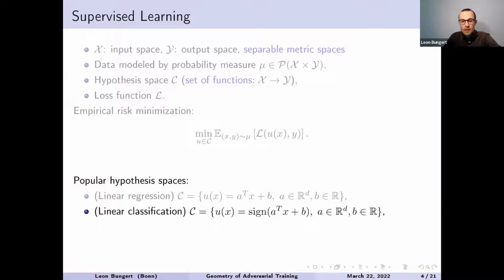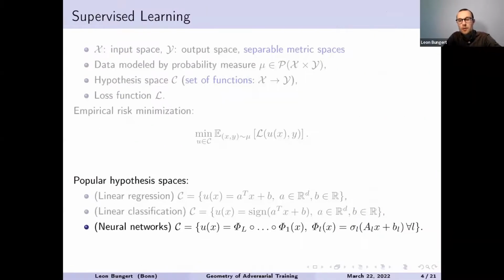Here, the optimal hypothesis that you would like to compute subdivides the space into two half spaces corresponding to two different classes, right? And then by concatenating a lot of these nonlinear functions, you will get the class of neural networks, which is unarguably the most popular hypothesis set nowadays. A neural network is, in general, just a composition of capital L many nonlinear functions, phi L, where each nonlinear function phi L has a very specific form.